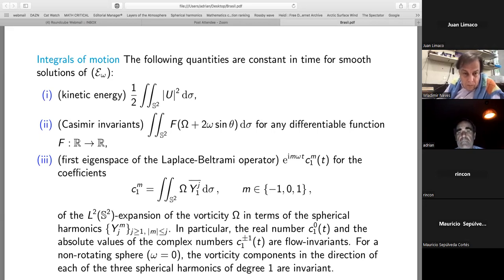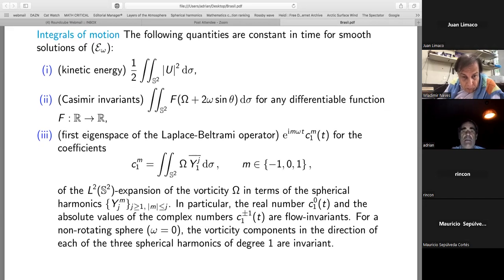Then big omega is the vorticity of the flow. This is conserved, it's called the Casimir, because for every big F, this integral is conserved. And then there is the first eigenspace of the Laplace-Beltrami operator. This also gives me some conservation laws. These are the conservation laws that are available.